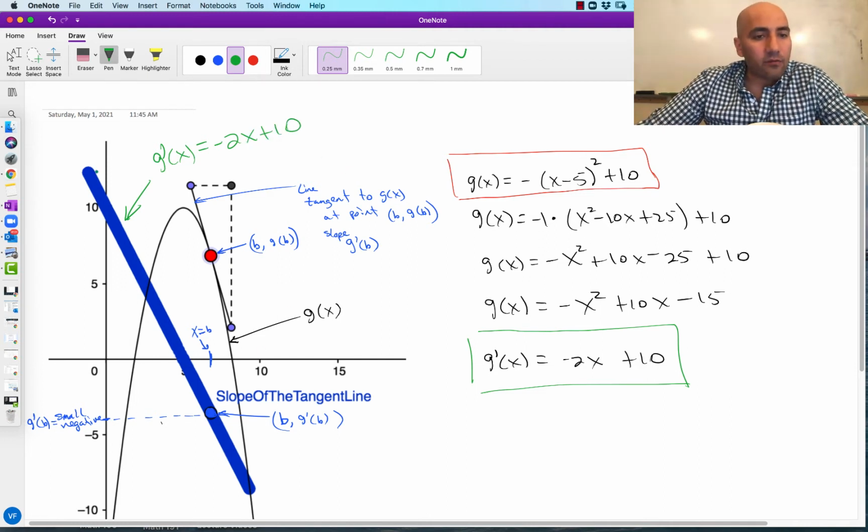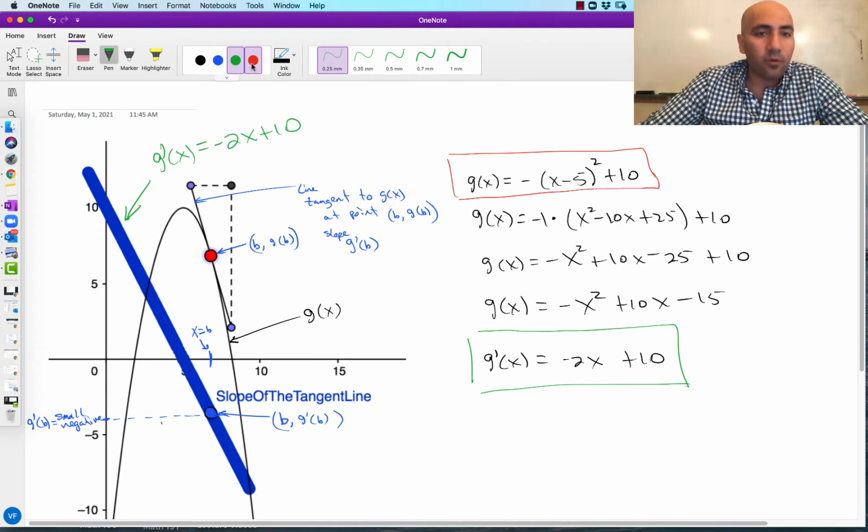Okay, and the pattern we want to notice is that when we have a graph that has this upside down U shape, this upside down parabola kind of shape, then the first derivative is going to start off as having some big positive value over here. See, that's why they're way up here, because they're big positives.